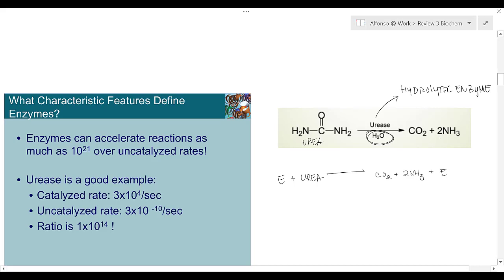So another way that we can write this is urease plus urea forms the urease urea complex, and then urease catalyzes a reaction which turns urea into carbon dioxide and ammonia.